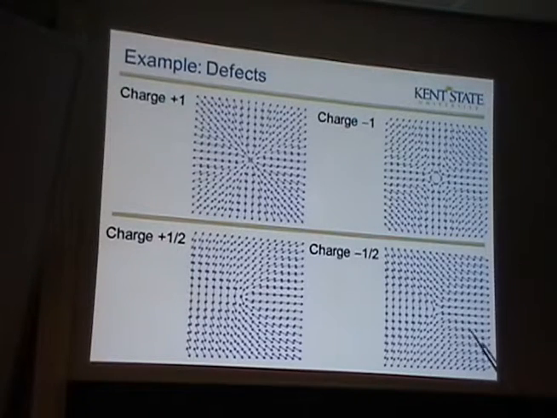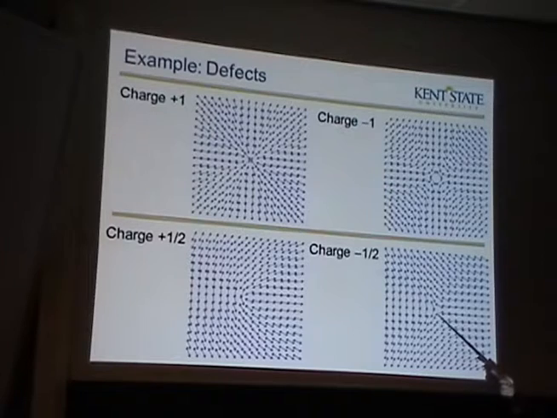So, if we were looking at S, the magnitude of the nematic order, S is approximately the same everywhere except right at the center. So maybe S is 0.5 everywhere, except for some little tiny region in here.